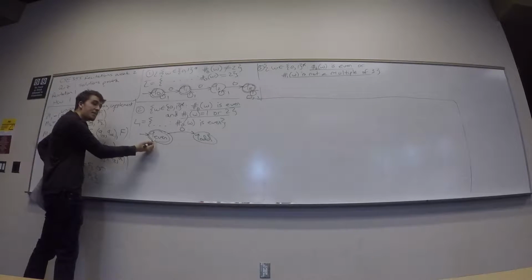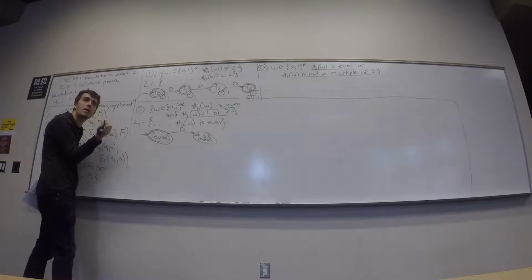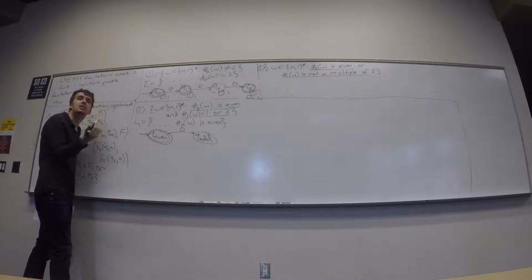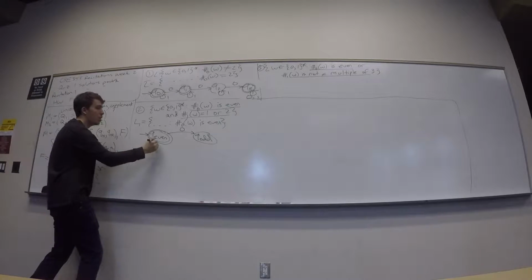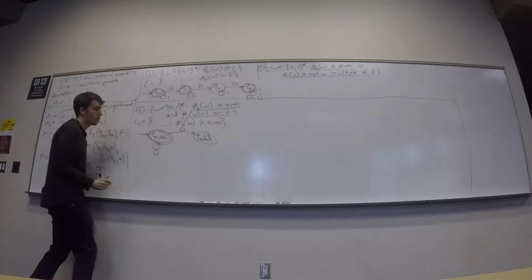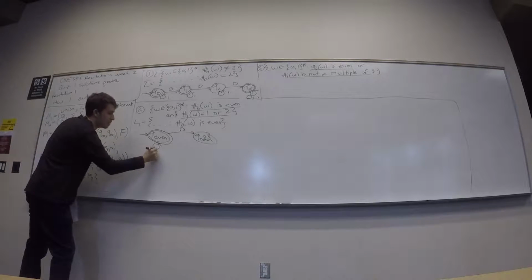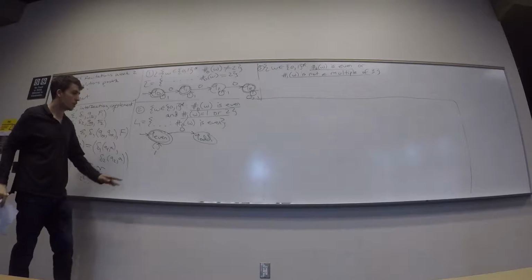If I have seen an even number of zeros and I read a 1, where should I go? I should stay even, because reading a 1 doesn't change the number of zeros that I've seen. So I should stay in Q even. Oh, silly me. Should be 1.